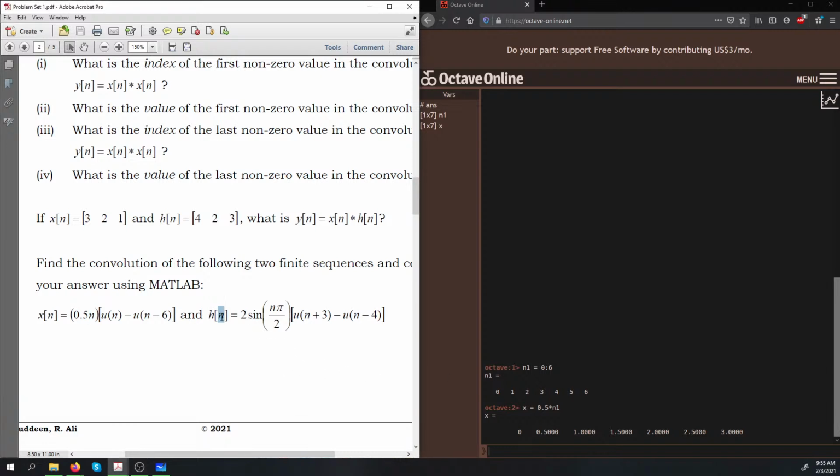Similarly, for h of n, the start point, if we say n plus 3 is equal to 0, is n equals negative 3. So I'm going to call this n2, going from negative 3. And then we have n minus 4. If we say n minus 4 is equal to 0, that means n equals positive 4.